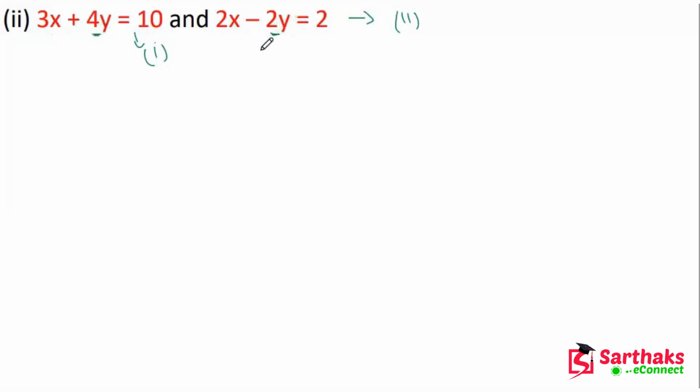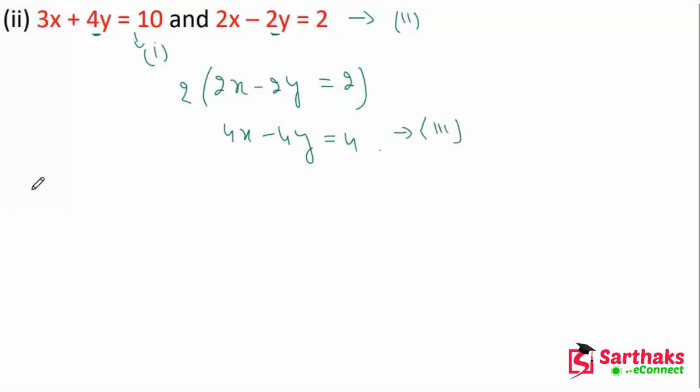Now we have to multiply equation second by 2. We have 2x minus 2y equals 2. If we multiply by 2, we get 4x minus 4y equals 4. This is our third equation.